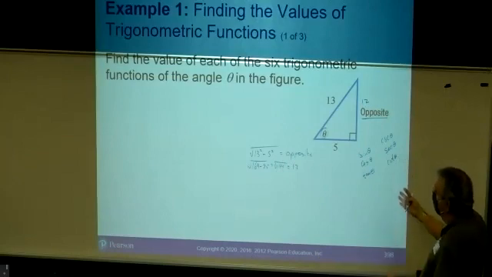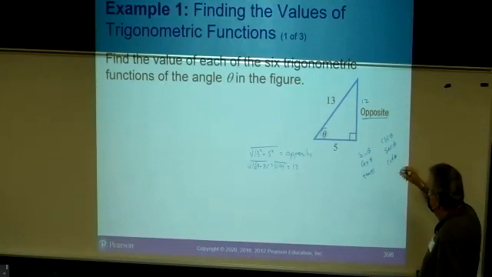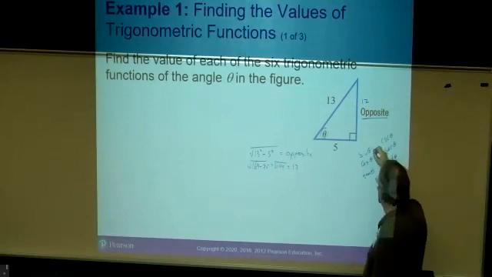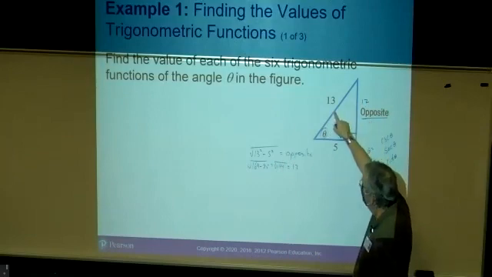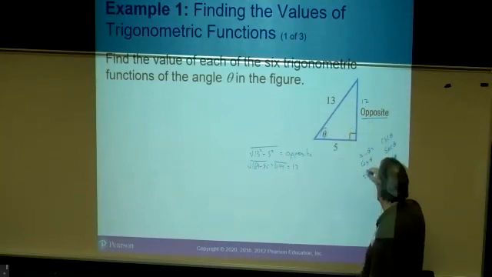So writing those ratios, it should be easy. The opposite side over the hypotenuse is the ratio for the sine. So that'd be 12/13.